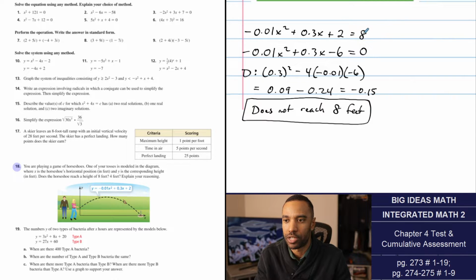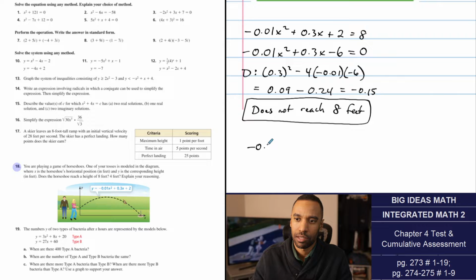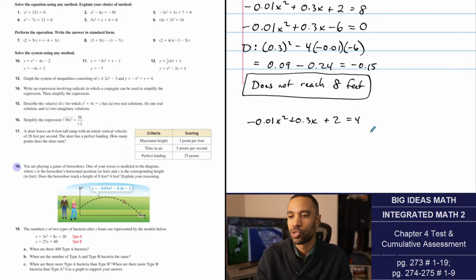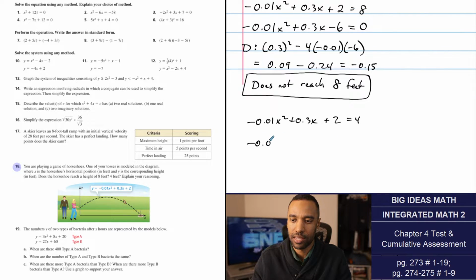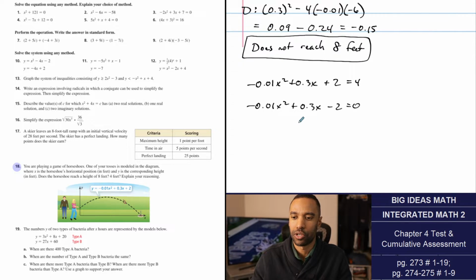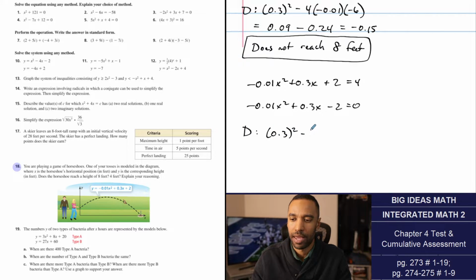So the other version is setting the 4 point x squared plus 0.3x plus 2 equals 4. So I subtract 4 from both sides, so it says minus 2. So your discriminant this time is b squared, 0.3 squared, minus 4ac.